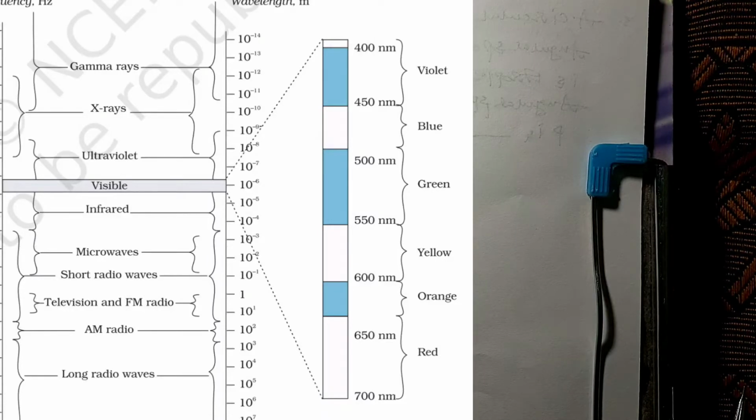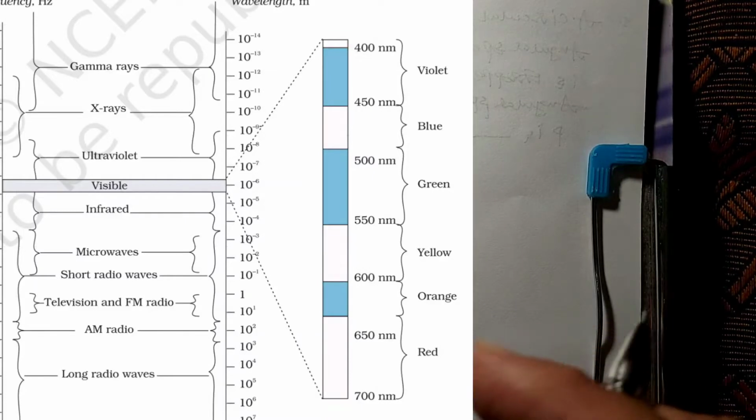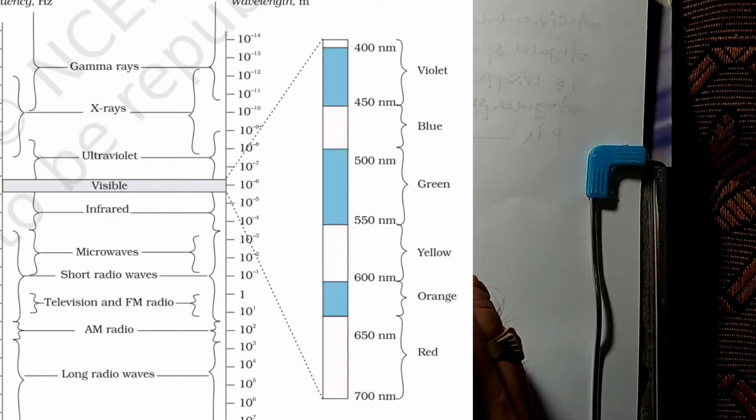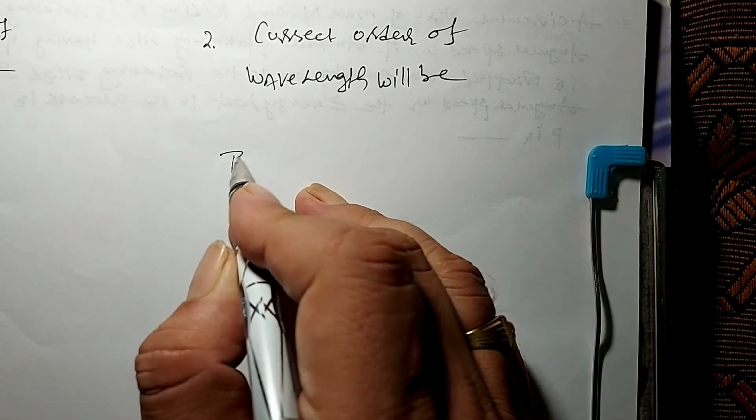From the picture of the electromagnetic spectrum we observe that radio waves have a higher wavelength. After that microwaves, after that visible rays, and X-rays have high energy particles, they have less wavelength, so we select option 1.